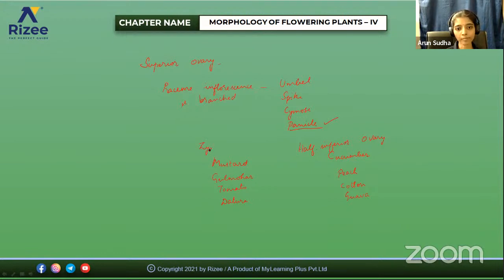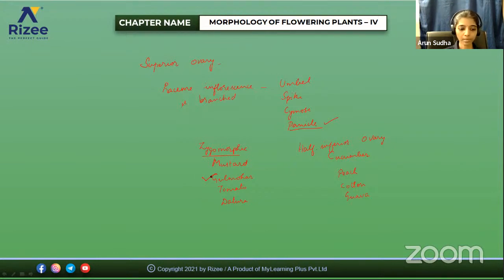Zygomorphic. So what is the correct option? Yes, gulmohar. Good. So gulmohar is the correct option for this.